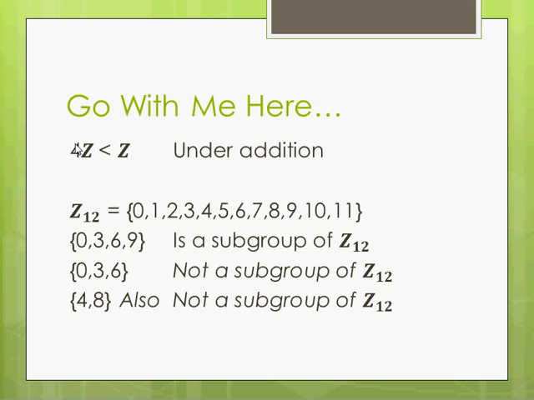Also, {4, 8} is not a subgroup, because when you add 4 and 8 together, you get 0, which is not in our subset. So there's no identity, and it's not closed as well. Sometimes we don't give enough examples of what's not whatever we're trying to show, and I think that can make the point a little clearer.